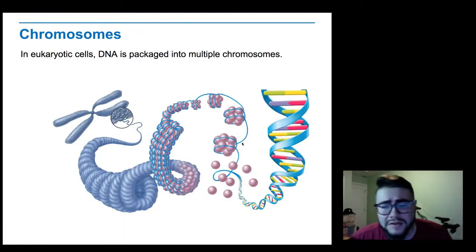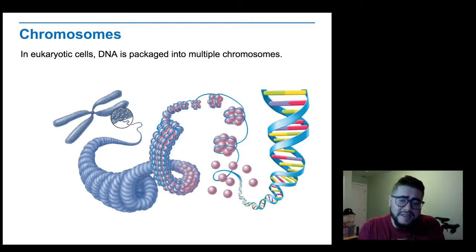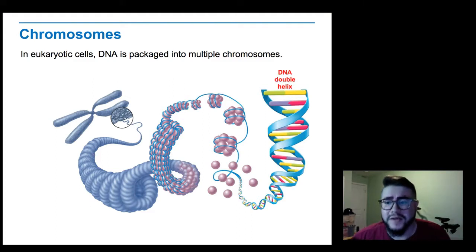But in eukaryotic cells, which is what your body is made of, it's a little bit more complicated because we have long strands of DNA, very, very long strands of DNA that have to be compacted into much smaller packages so that they can be divided relatively easily. And so here's the double helix of DNA, right? That shape that's familiar that we should know.